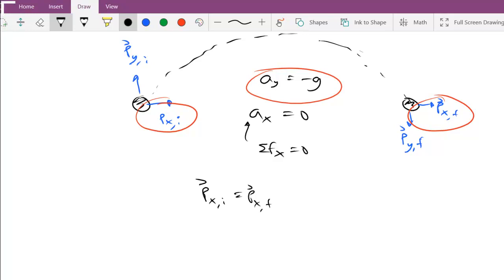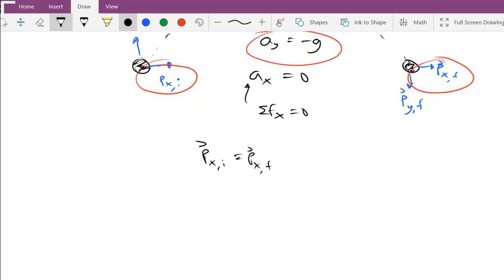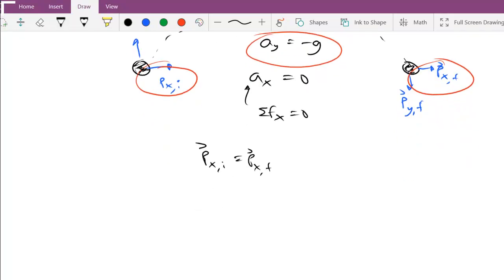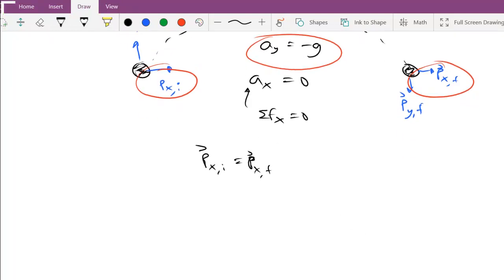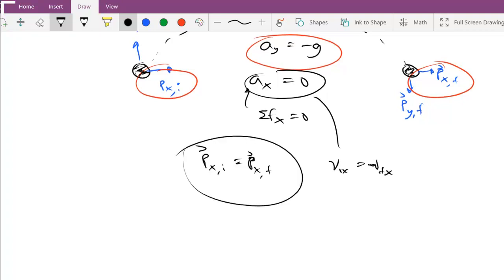So they have the same momentum. And the ball clearly has the same mass when it was launched and when it lands, unless it's radioactive and it's decaying throughout its path. Then the velocity, we know that v naught x, this came from acceleration x is 0. We said that v naught x was equal to v final x. And so since the mass is the same, the velocity is the same, clearly the momentums are the same.